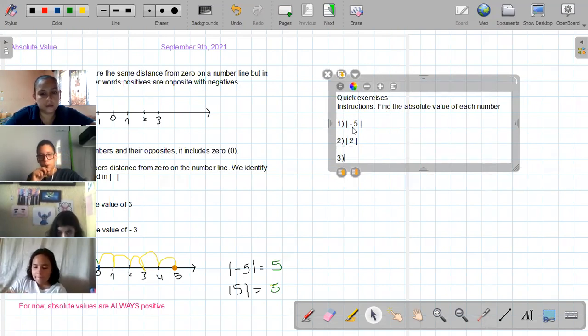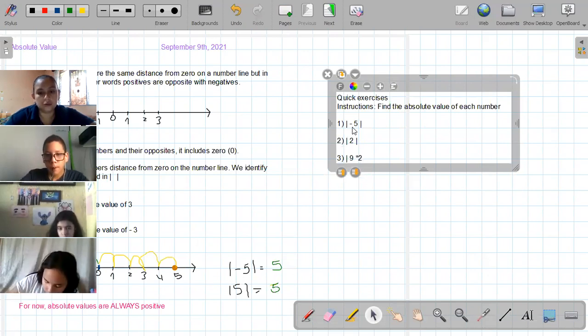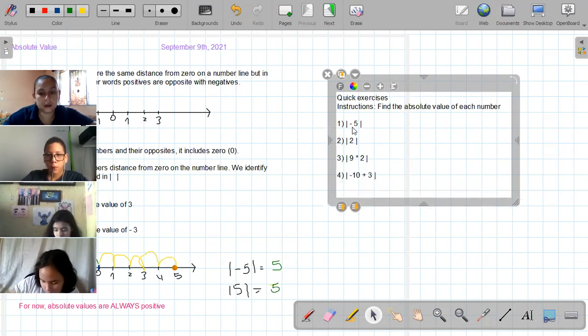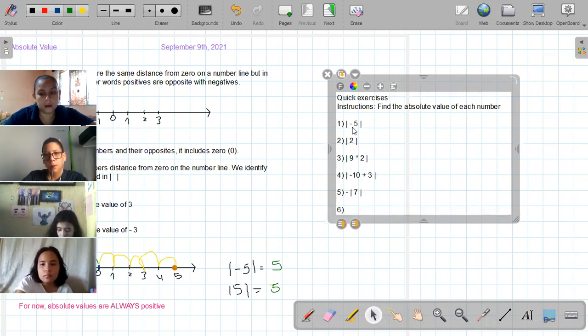Number 3, absolute value of 9 times 2. Okay, there's an operation in there. Number 4, absolute value of -10 plus 3. And the tricky one, negative absolute value of 7. And one more, negative absolute value of -7.